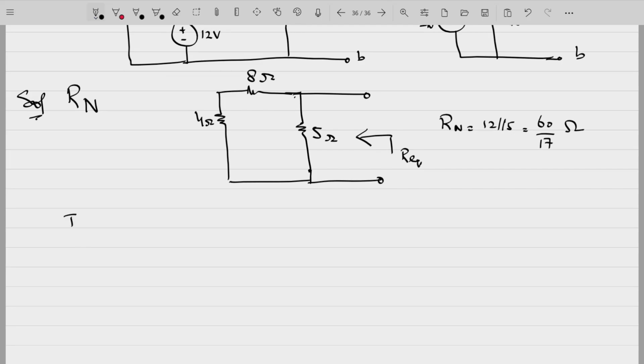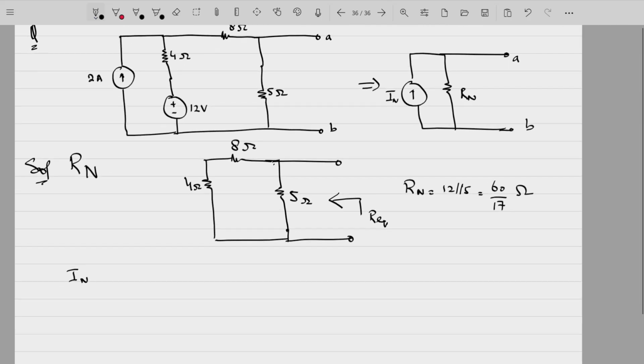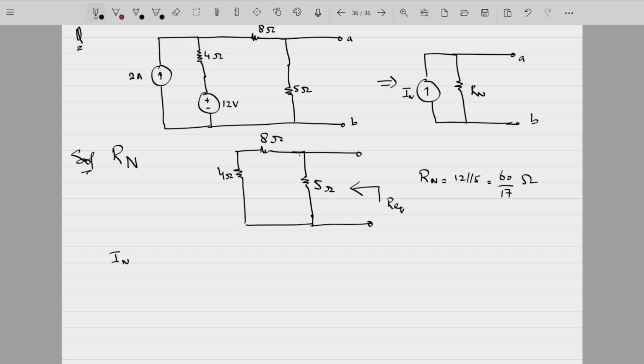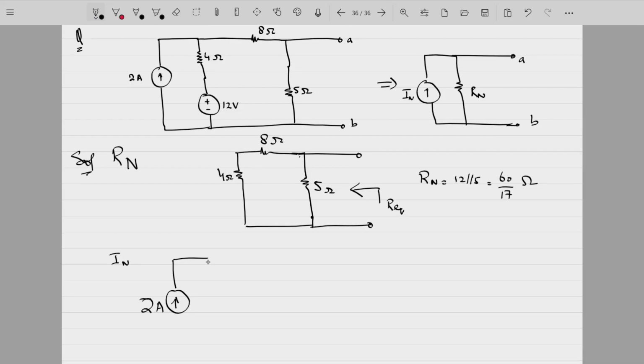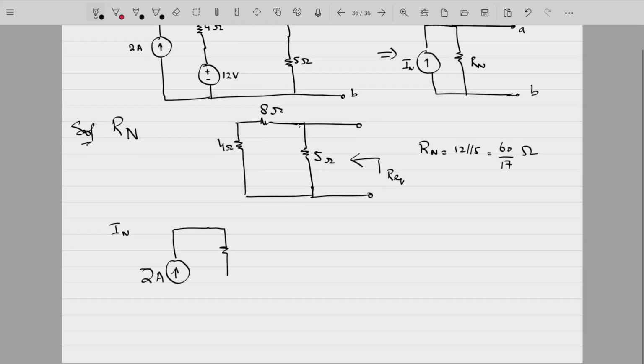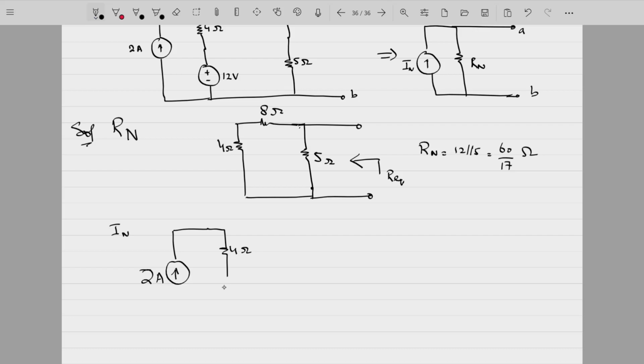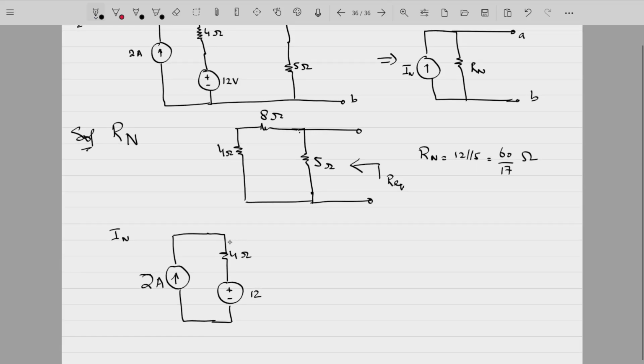So to find In, keep the sources on. 2 ampere source here. There is a 4 ohm resistance here. 12 volt source here. 8 ohms. 5 ohms.